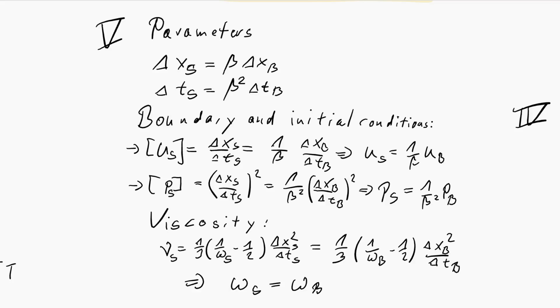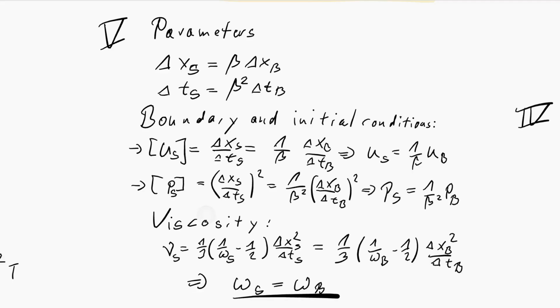However, the viscosity remains constant because we use what we call diffusive scaling, because viscosity is a diffusion coefficient, and the diffusion coefficient here is now taken scale invariant. So we see viscosity will be the same on both grids, and this means also that the relaxation rate will be the same in the scaled and the non-scaled version.